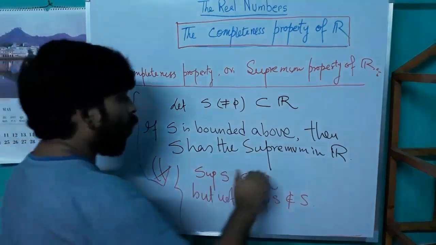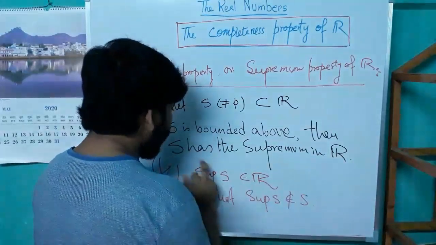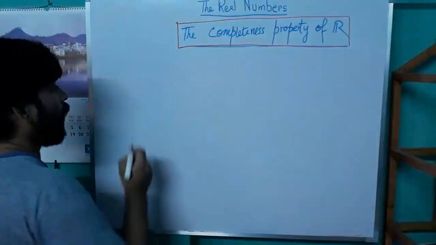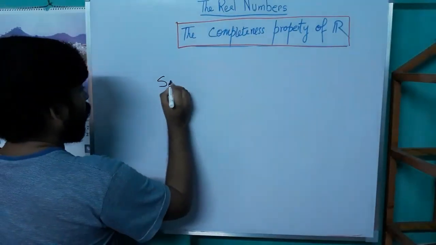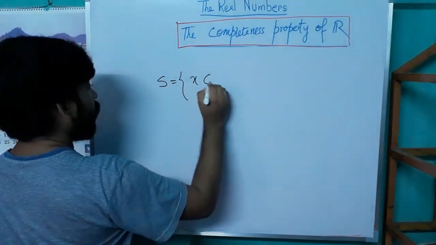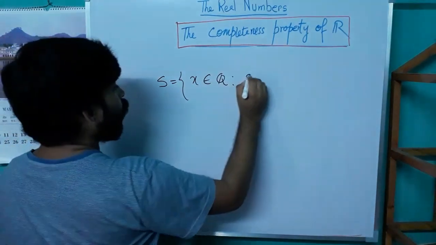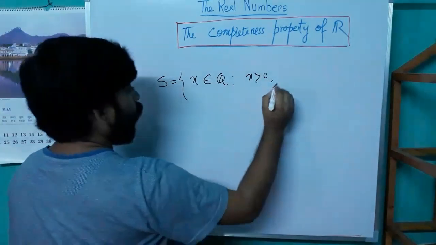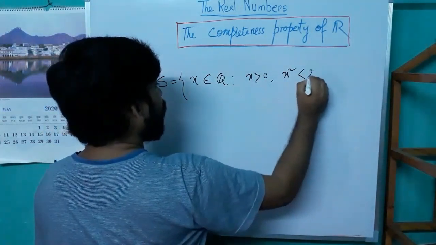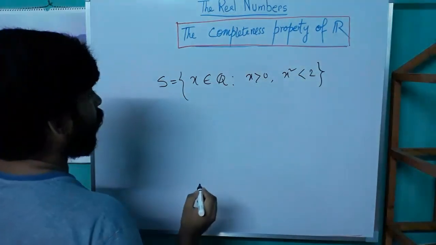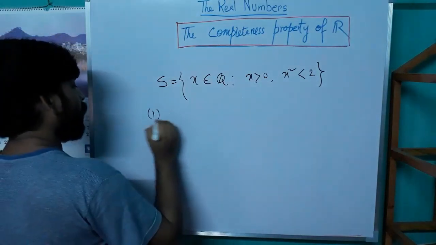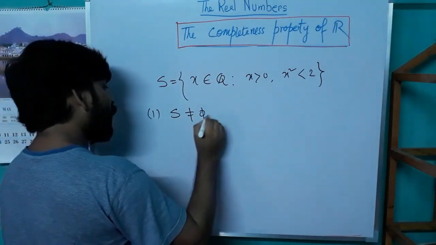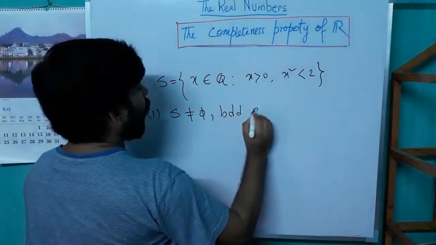But that supremum may not belong to the set S. Thus the set S of positive rational numbers whose square is strictly less than 2 is non-empty and bounded above.